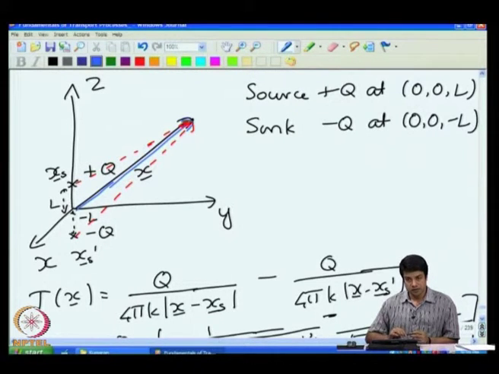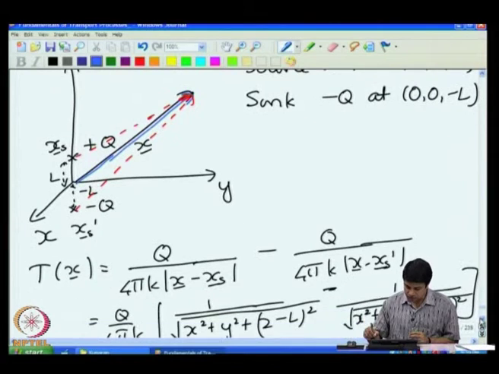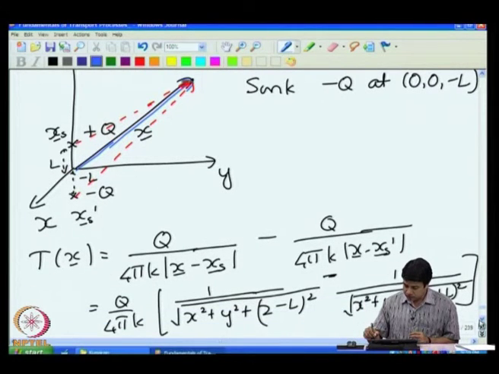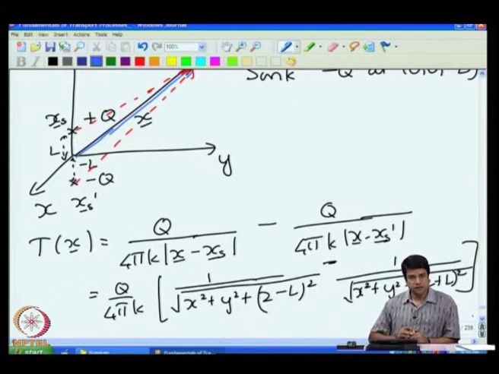I showed you that these solutions are identical to the solutions that you would get due to the superposition of the temperature fields due to 2 point sources, one plus q at a location L above the xy plane on the z axis, the other at the location minus L below with source strength minus q. So, I have a source q on the plus z axis, a sink minus q on the minus z axis, separated by a distance 2L.